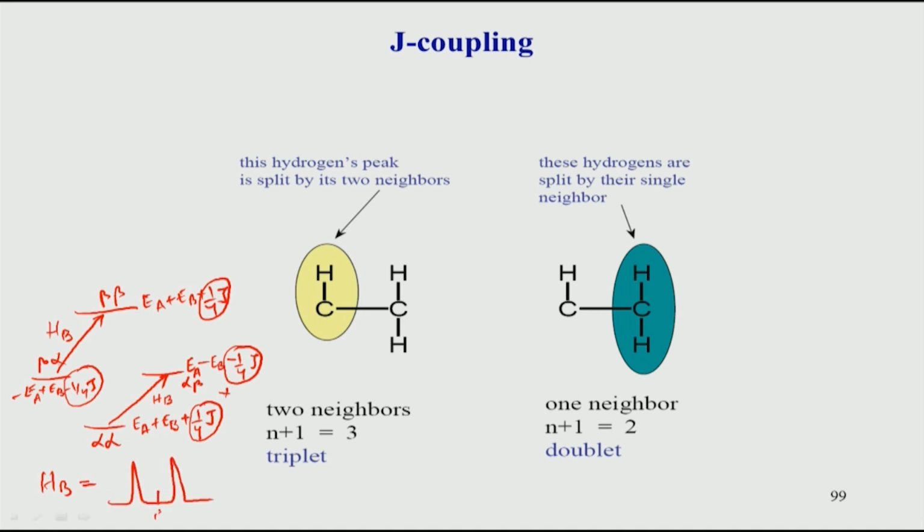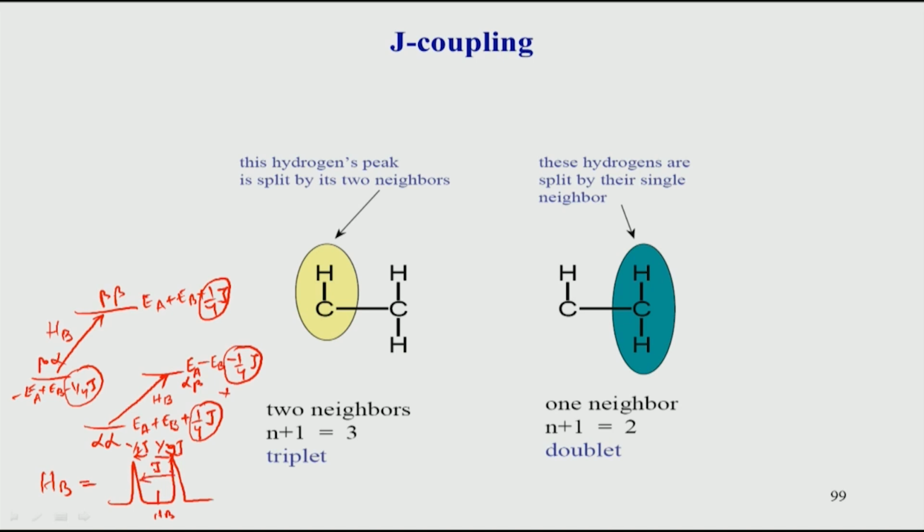This is the original H beta peak where it should have come, but because of this splitting, it has become 1 by 4 J this side, 1 by 2 J this side, and the total difference has become J.